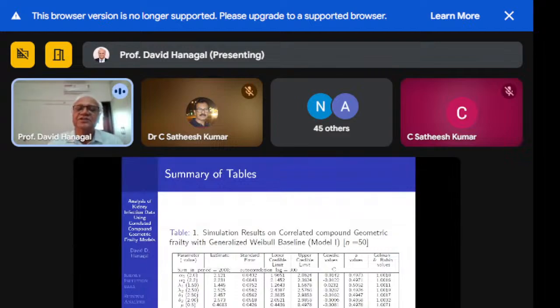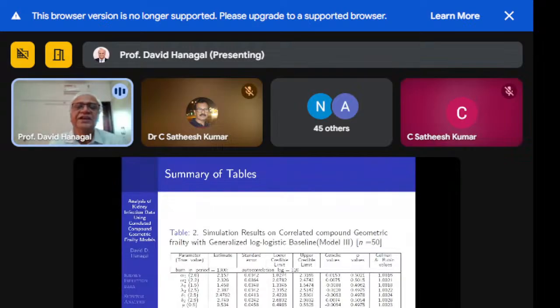These are the tests for the convergence of the estimates in the MCMC technique. The estimates are close to the true parameter values. That gives the estimates are very good in this case, and the standard error is also very low.